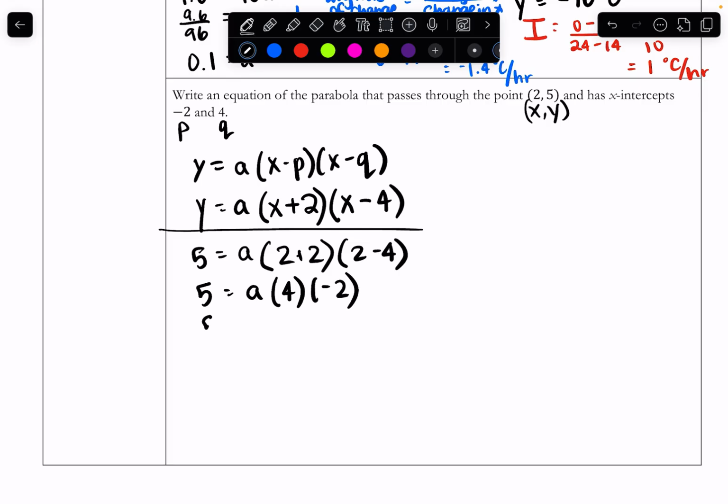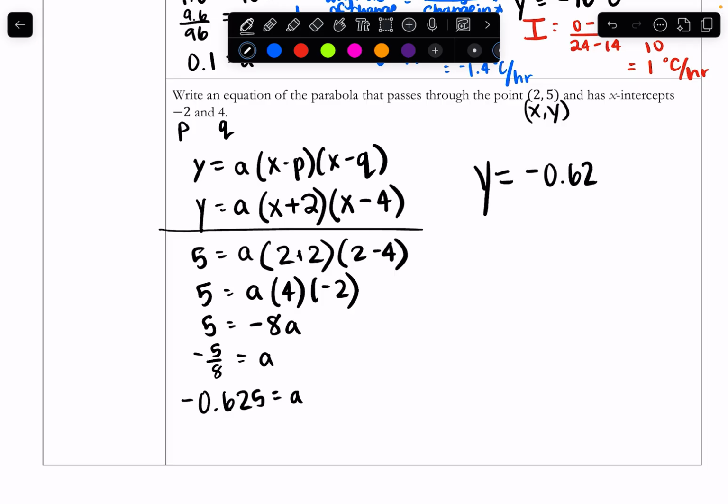So this is negative 8a. And then that makes a negative 5/8 or negative 0.625. You can use whichever version of that you like, the fraction or the decimal. But you're going to write out your full equation. And this is your answer to this question.